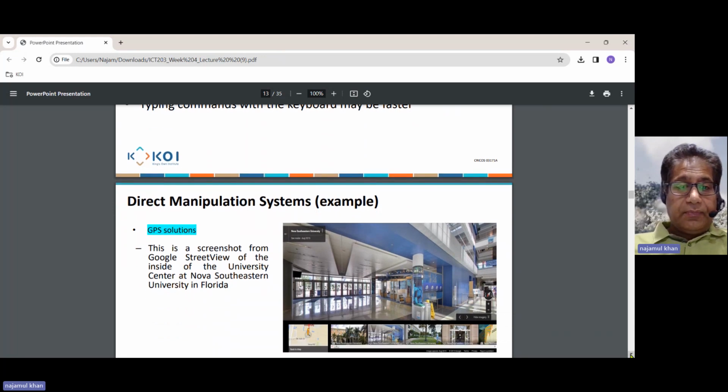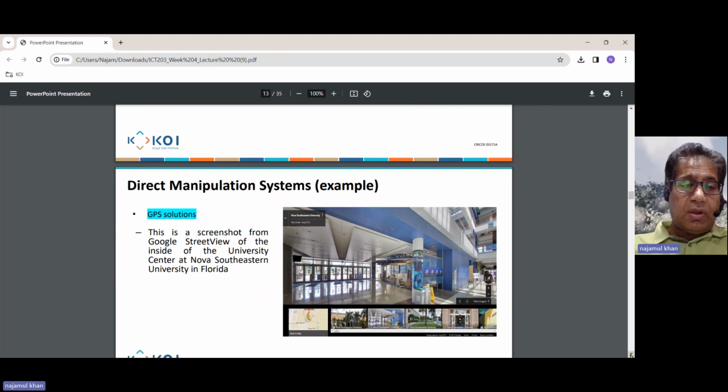We all know the extent and importance of GPS in our lives, and Google's GPS system is playing an important role in everybody's life. Here they are using a kind of Google Street View for the university center at Nova Southeastern University in Florida.